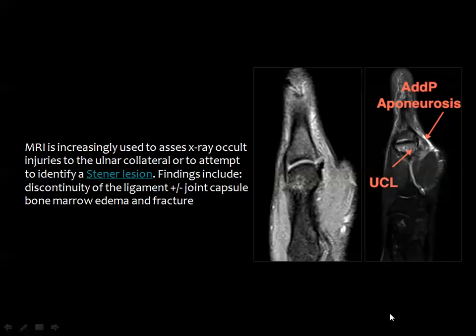This is a lesion which is usually diagnosed by MRI. This is the radial collateral ligament which is intact, and this is the ulnar collateral ligament which is ruptured. The adjacent image shows the normal anatomy: the ulnar collateral ligament, the radial collateral ligament, and the adductor aponeurosis.